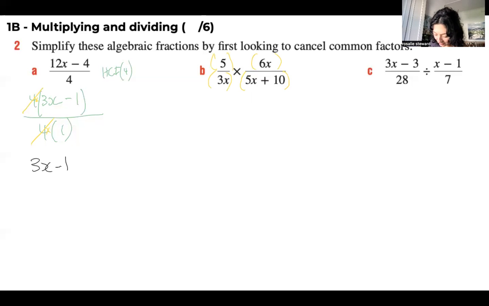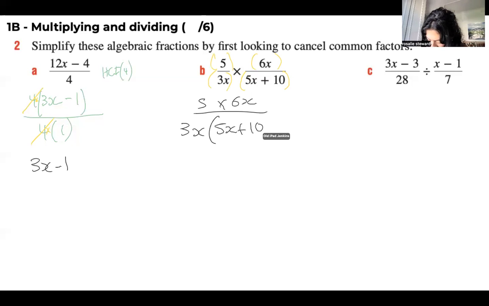And I'm also going to rewrite this as a single fraction just because it's easy to see. So I'm going to write 5 times 6x on the top. And then on the bottom, I'm going to do 3x times 5x plus 10. And then I'm going to use my arrows. So obviously the 5 and 6x multiplied together, 3x, and then those two multiply as well.